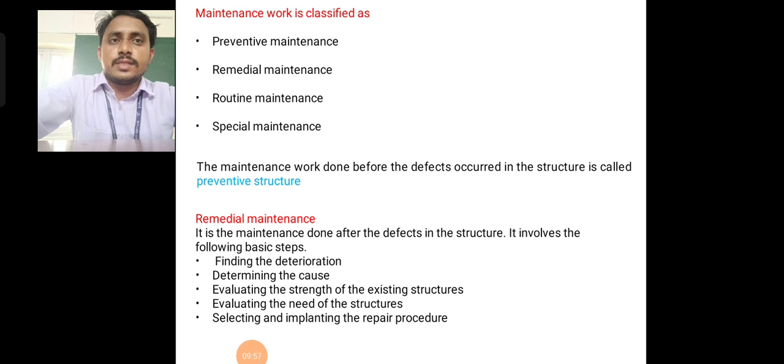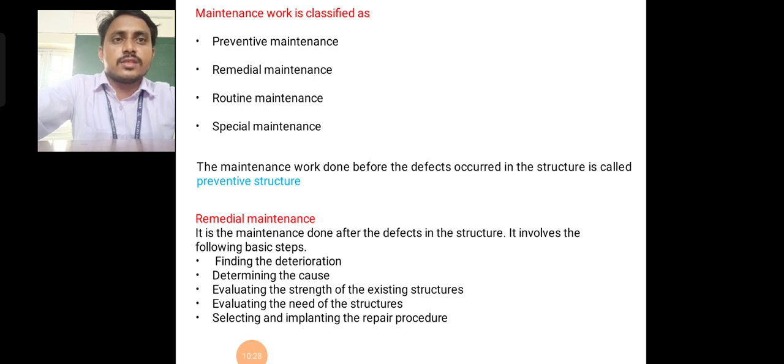So you need to check the strength condition of the damaged portion with the help of some tests: non-destructive testing, semi-destructive testing and destructive testing specimens. By using those tests, you check whether the strength is there or not.